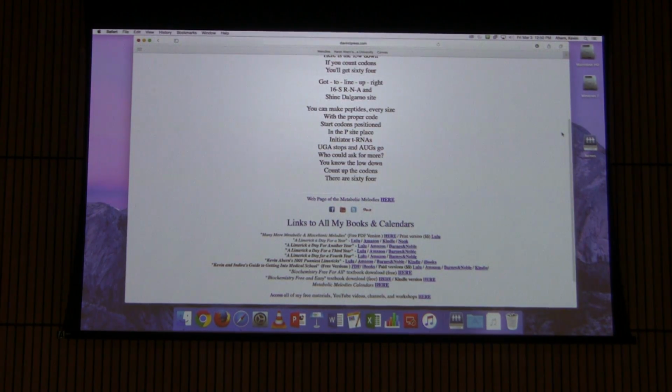Start codons positioned in the P site place. Initiate tRNAs. UGA stops and AUGs go. Who could ask for more? You know the codon, count up the codons. There are 64. All right, see you guys Monday.